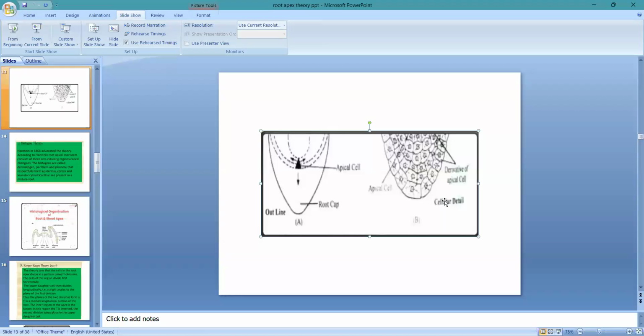This theory holds good in the case of vascular cryptogams but fails in the case of higher plants, where a group of initials occurs in the apex. Examples are Dryopteris and Pteris.